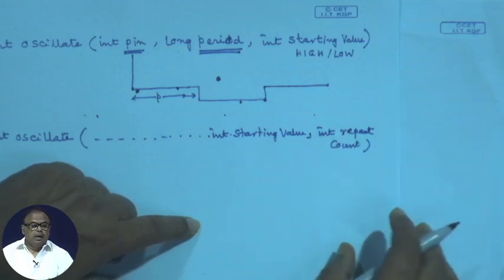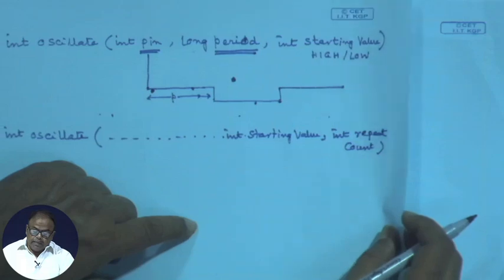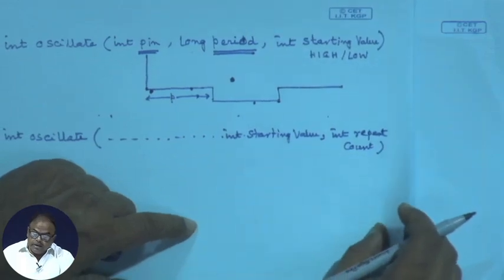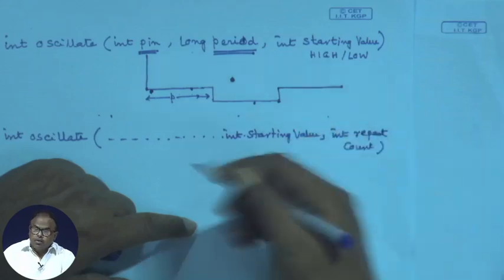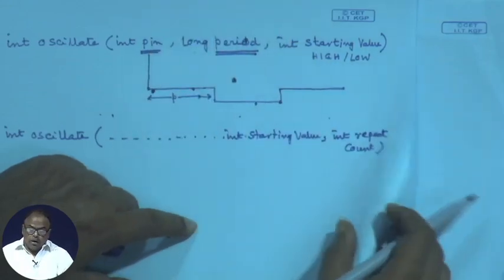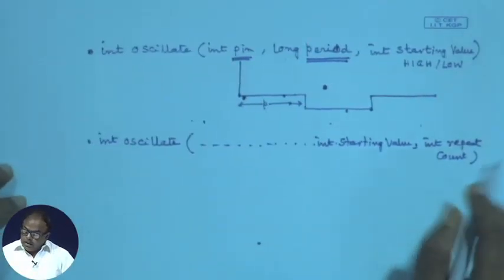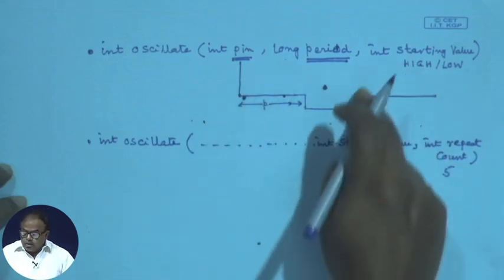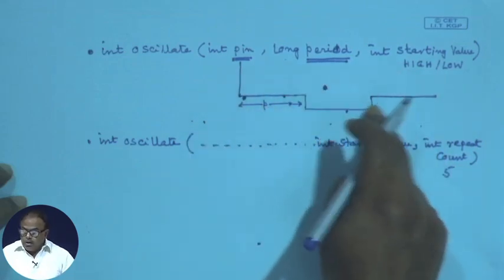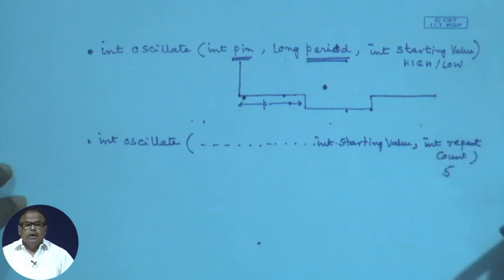That means it will go on for so many times. Say the repeat count is 5, so 5 such oscillations. This is one oscillation, 1, 2, 3, like that.